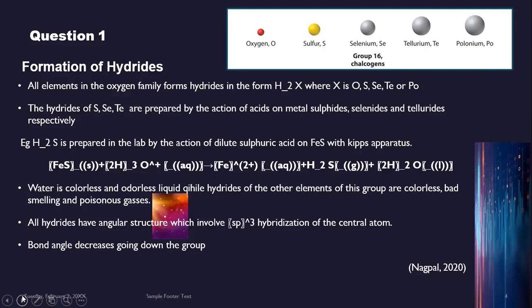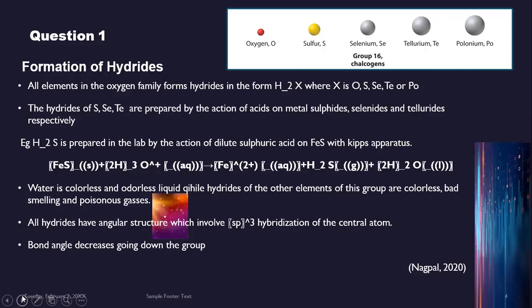As we go down the group, the bond angle in the hydrides decreases. As we move from oxygen to tellurium, the size of the central atom goes on increasing and the electronegativity goes on decreasing. The bond pair of electrons shifts more and more away from the central atom, moving from water all the way to hydrogen telluride.